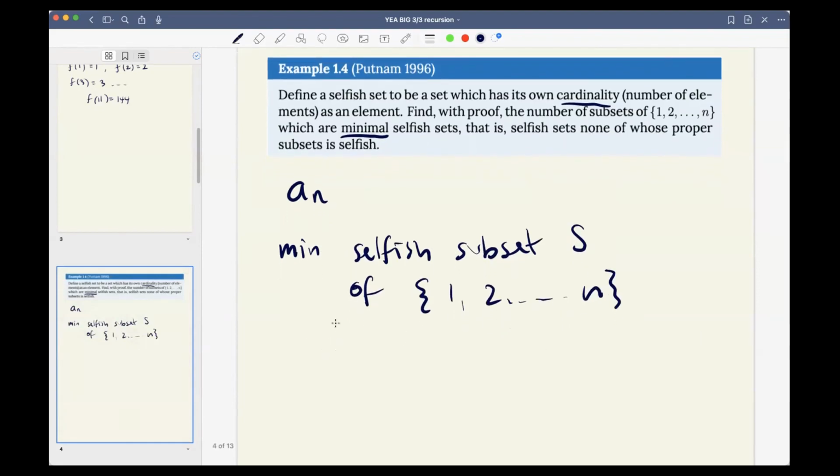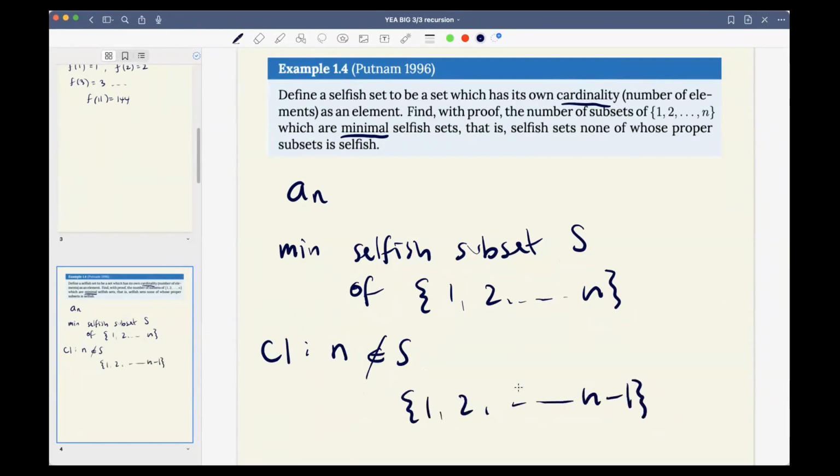A lot of times you can think about whether n is in the set or if it's not in the set, because that often gives us a way to start. And in this case, if n is not in S, then S is also a minimal selfish subset of 1 to all the way to n minus 1, because n isn't in it anyways.